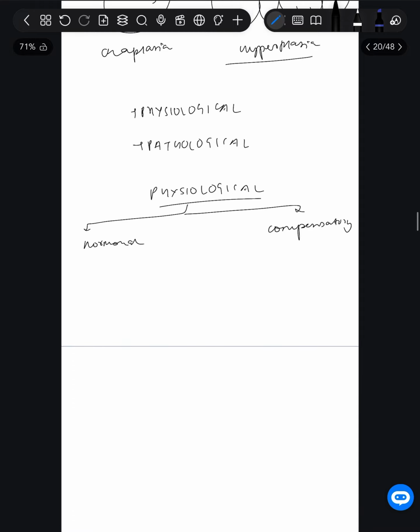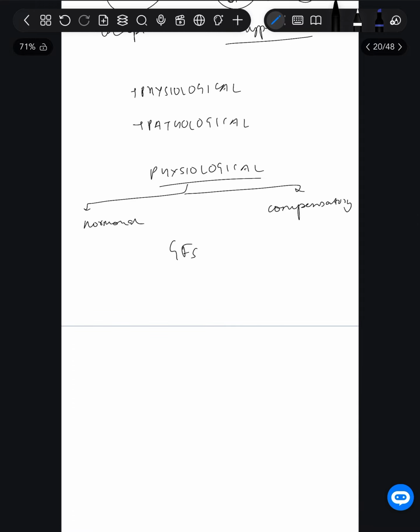In the mechanism of physiological hyperplasia, there are growth factors and there are hormones. This increases the functional capacity of hormone or growth factor sensitive organs, which leads to an increase in number of cells.